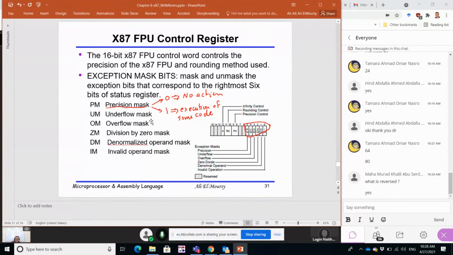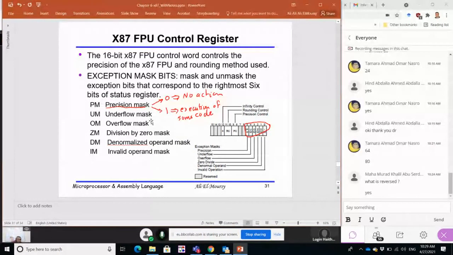6 different ways, or we can call them kinds of errors, that happen while the mathematical operation is being performed. Okay, I may have underflow. Underflow means the result of the mathematical operation is smaller than what I can carry in the register.